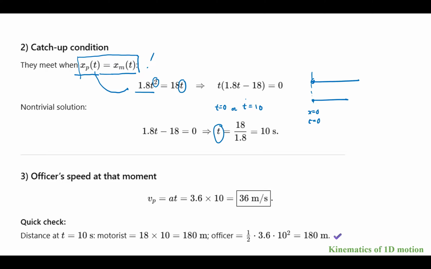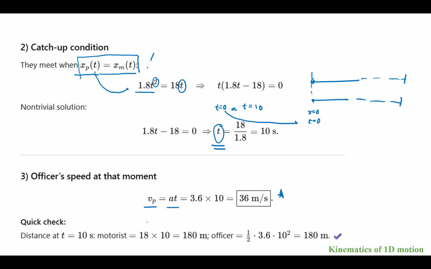But after 10 seconds, they will have the same position once again. Once we find the t, then the officer's speed at that moment, v_P, is given by at.